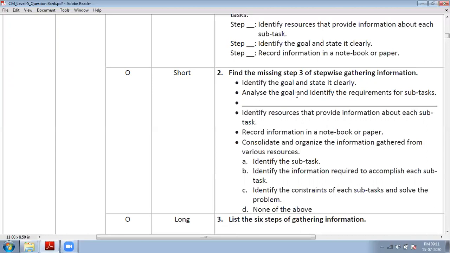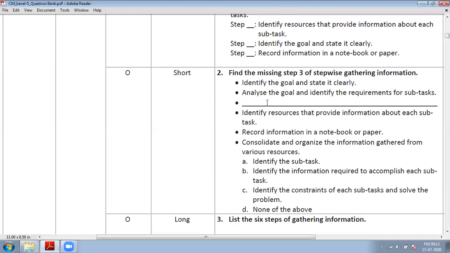Second, analyze the goal and identify the requirement for subtask. This question is the same as the previous one, but here the pattern for asking the question is different. So here you have to find out the third step.